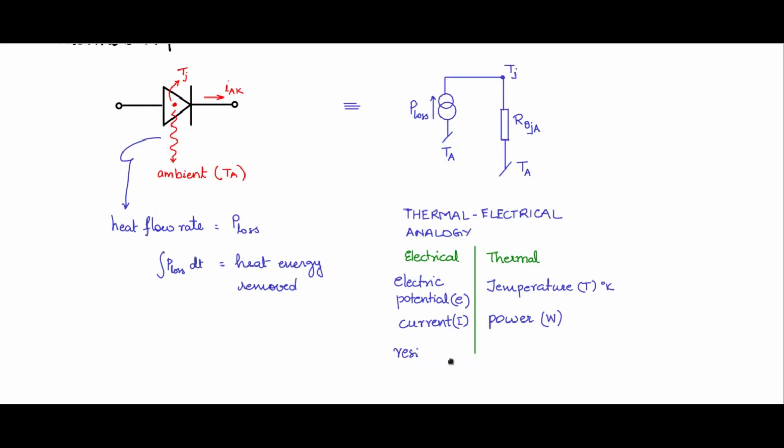And then another important parameter, resistance. In the electrical domain, it is E by I, Ohm's law, which is R. In the thermal domain, what is the potential? Temperature. So thermal resistance is R theta, which is equal to the potential divided by the flow, so T by watts of power, which is degree Kelvin per watt or degree centigrade per watt.